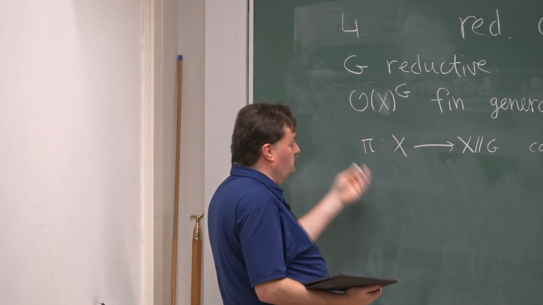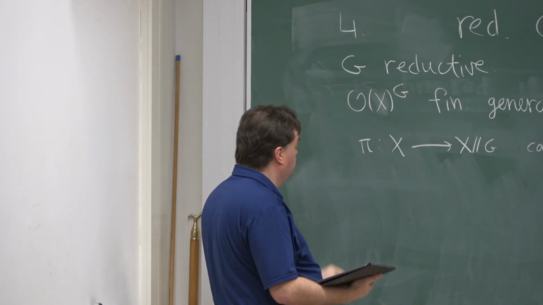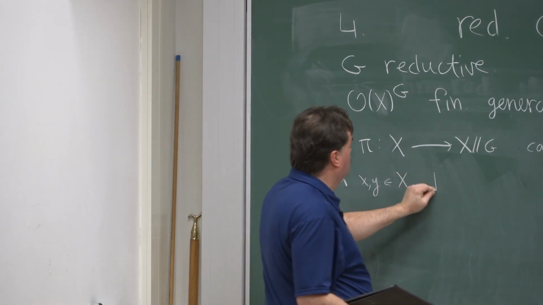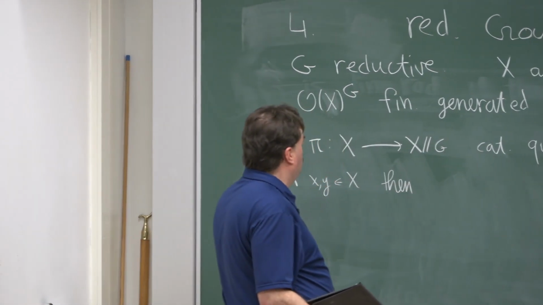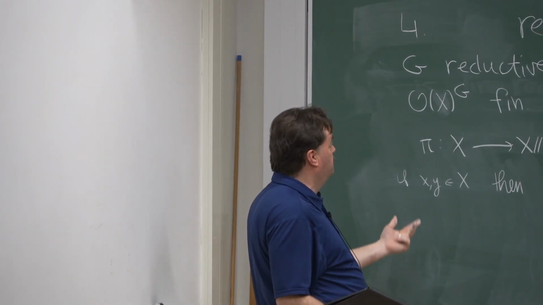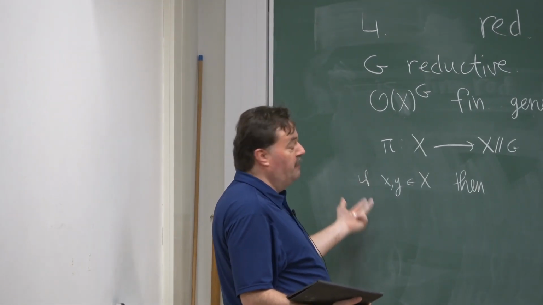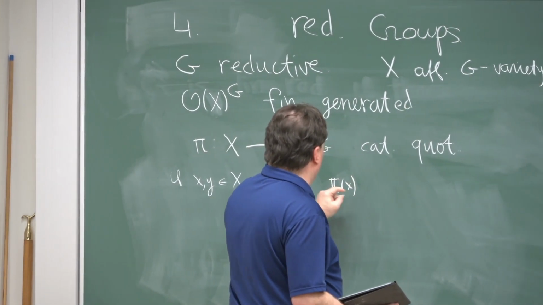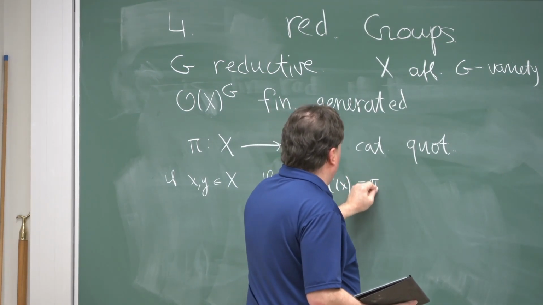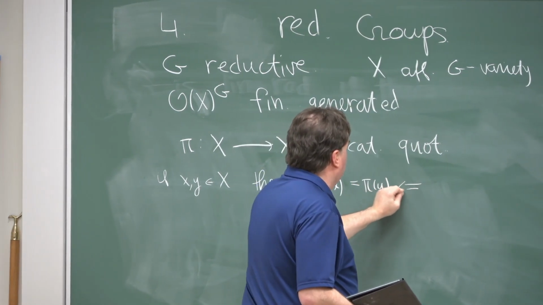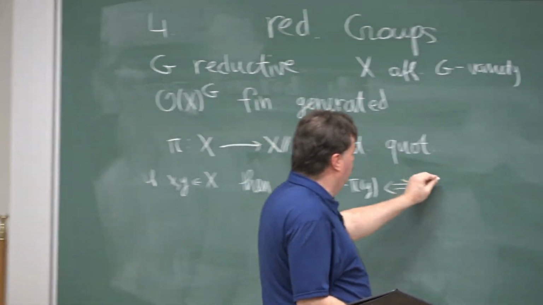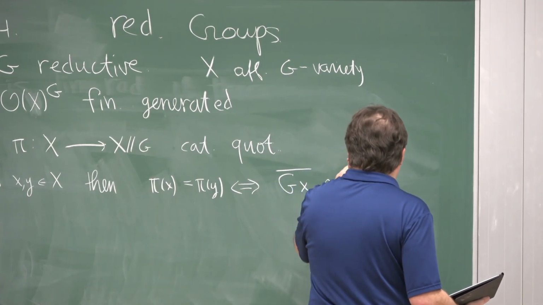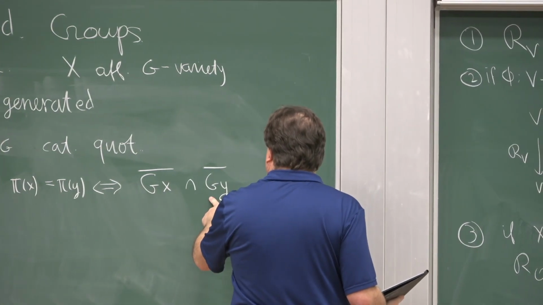And this quotient has these nice geometric properties, right? So if X and Y are in X, then you cannot expect that this quotient is geometric in general. It may not separate all the orbits, but it can separate exactly when the orbit closure of X and the orbit closure of Y are disjoint.